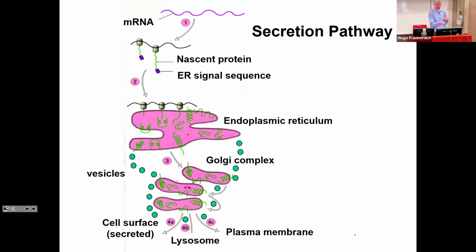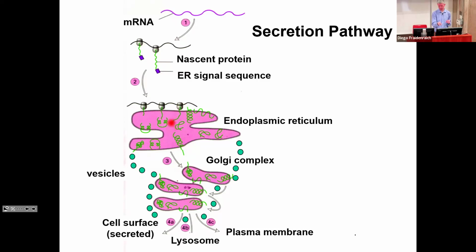The ribosome would go to the outer membrane of the endoplasmic reticulum, would dock, would attach to this side, and then it would continue translation and import at the same time. So the first step in this secretion pathway would be this import.